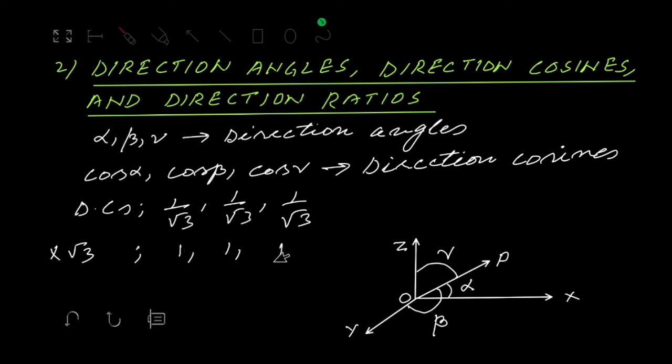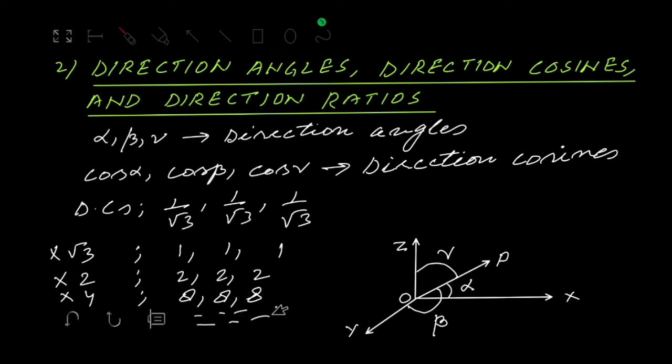So these 1, 1, 1 are direction ratios. And again, if we multiply all these three numbers by some other number like 2, these numbers will become 2, 2, 2. These are still direction ratios as these are in the same proportion as that of direction cosines. So we may multiply these numbers again and again by different numbers. The resulting numbers will be direction ratios and so on.